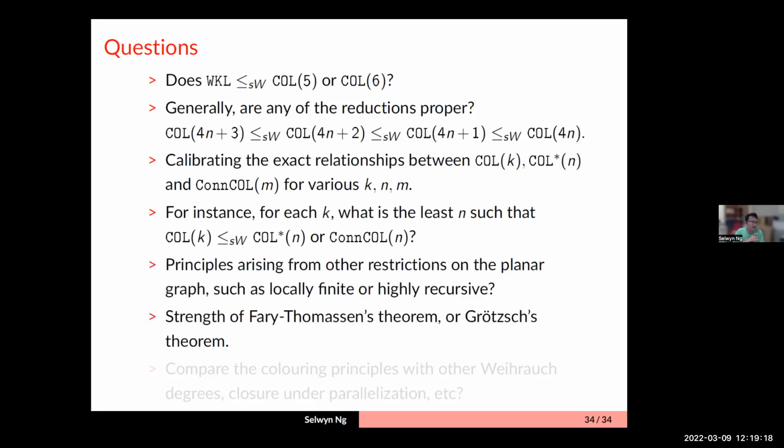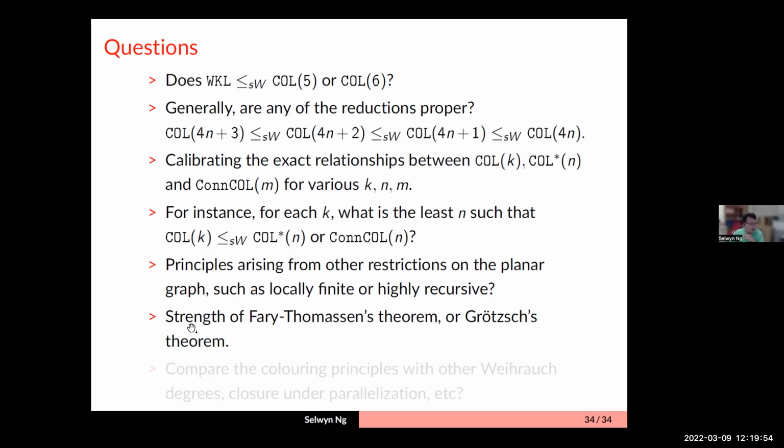Some of the other things that we also wanted to study, but didn't have time to, is the other surrounding principles that arise from having other restrictions on the graph. For example, what if you assume that the planar graph was locally finite, or highly recursive? I believe these would generate different principles.